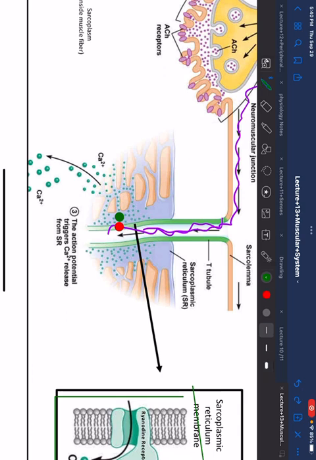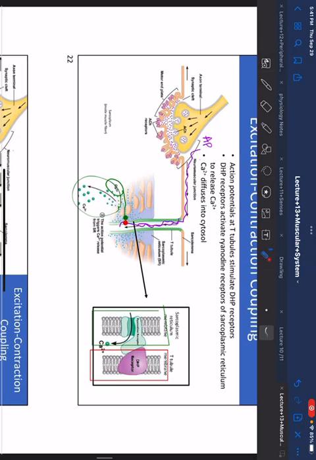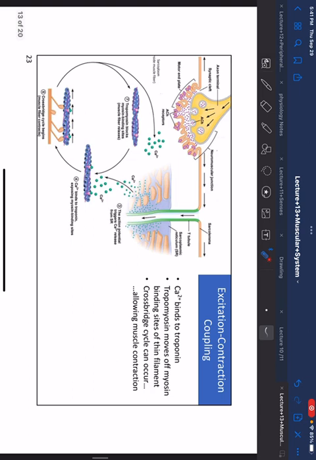Once calcium is released from the sarcoplasmic reticulum, it will then diffuse into the sarcoplasm, and it will interact with troponin. So when the calcium comes out, it binds to the pink troponin, and in a way, it acts as a weight, and it moves this tropomyosin cable in purple off these black binding sites for the myosin head.